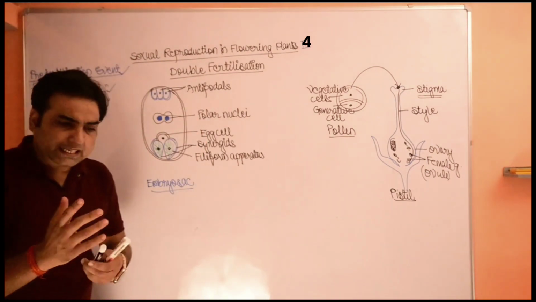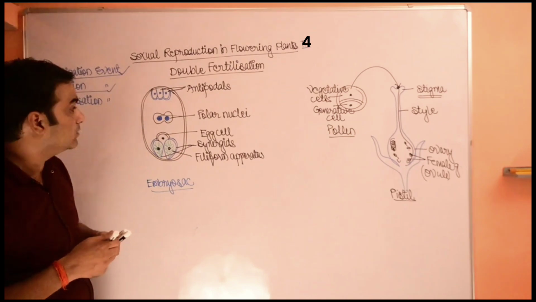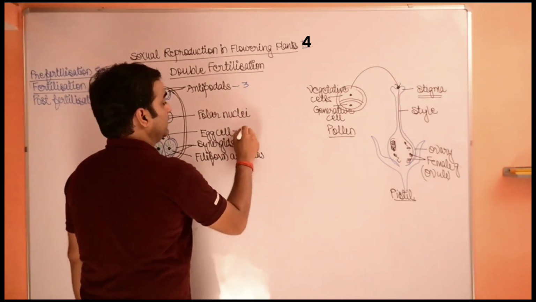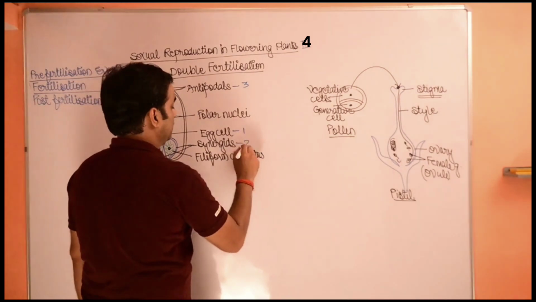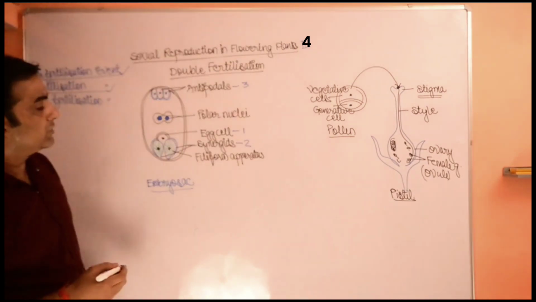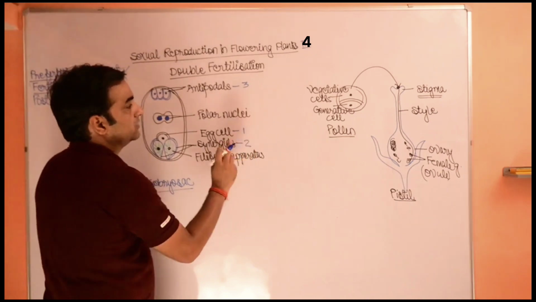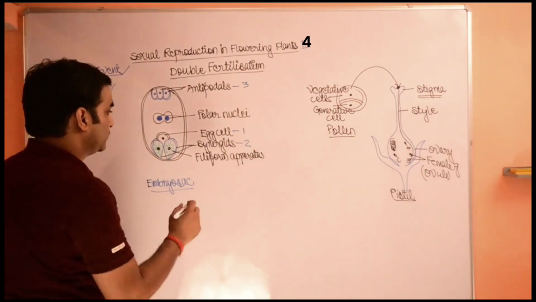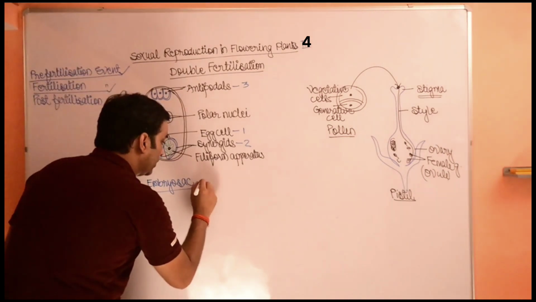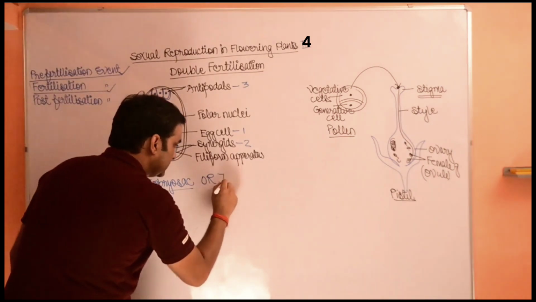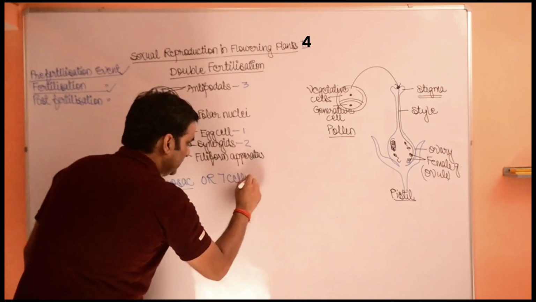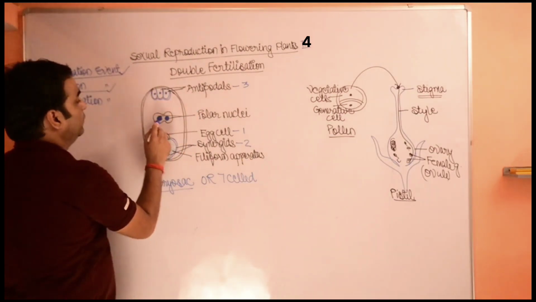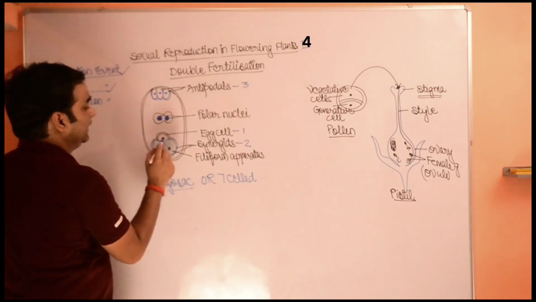Again we need to count the number. Antipodals are 3 in number, egg cell is 1, synergids are 2. So the total number of cells: 2 plus 1 is 3, plus 3 is 6, and the bigger central cell makes 7 cells. So this embryo sac is also called 7-celled. And how many nuclei are there? 1, 2, 3, 4, 5, 6, 7, 8.